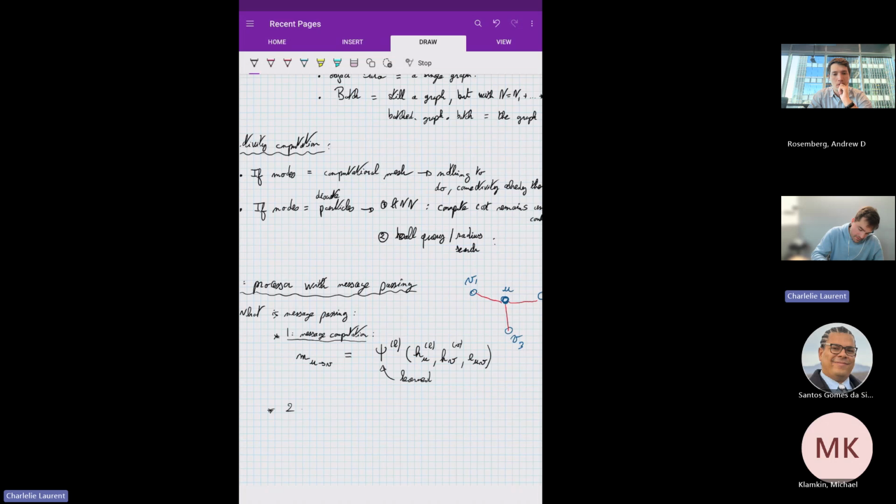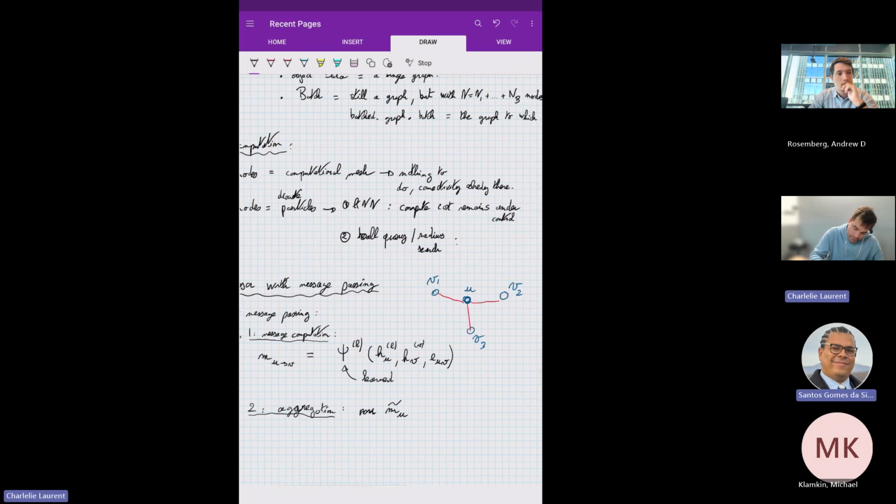The second step is aggregation. So that's where you basically combine all the messages together. So then the aggregated message for a given node, here we're considering U, is going to be some kind of a, so I put a plus because usually it is an addition, but actually it's any aggregation function.